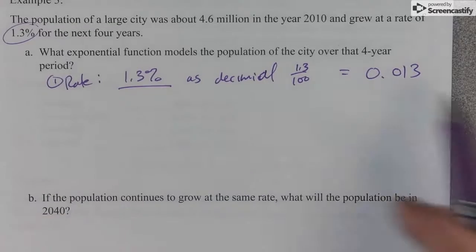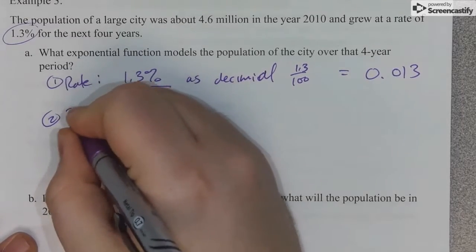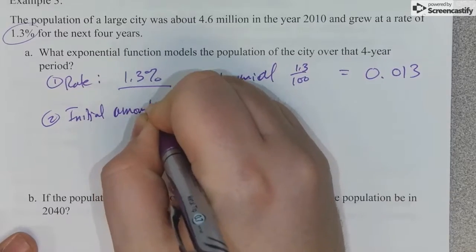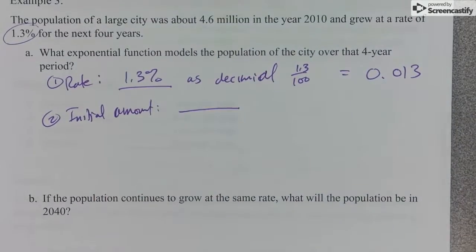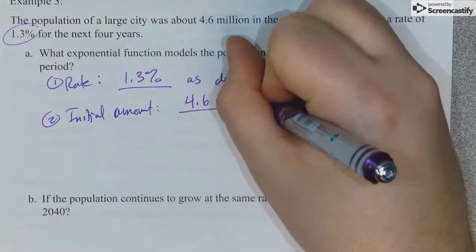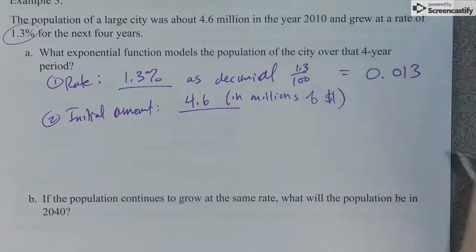Next thing we should know is, what is the initial amount? Our initial amount is 4.6, and we'll put it in millions. That way we don't have to put all those zeros.